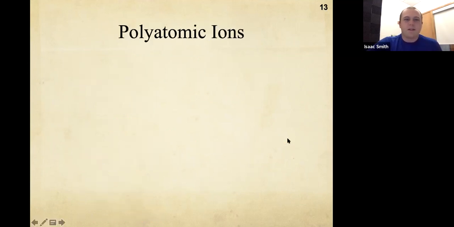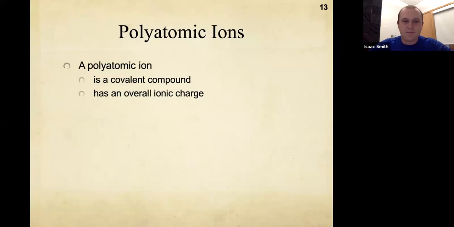Okay, polyatomic ions. This is another big idea from this lecture. And it'll look overwhelming at first, and although there is a lot of information, it's not as overwhelming as it looks at first glance.